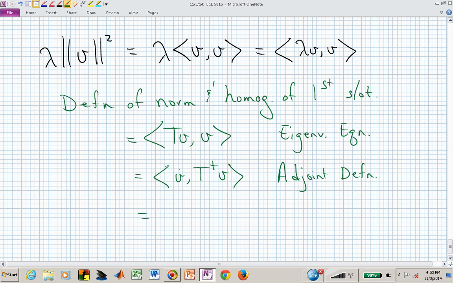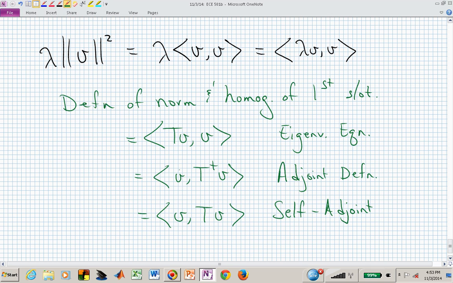But we said that T was self-adjoint, didn't we? So now we know T dagger and T are the same. So let's replace T dagger with T in the second slot. This is now the inner product of v with Tv, and that's because we had T being self-adjoint in our proposition.